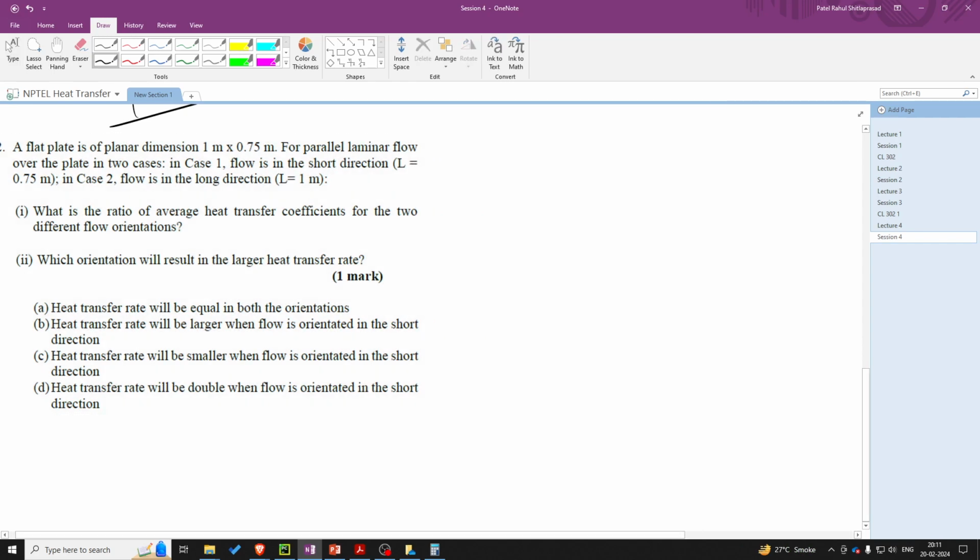So yes, in this question we were given such a diagram. So this is a solid surface.